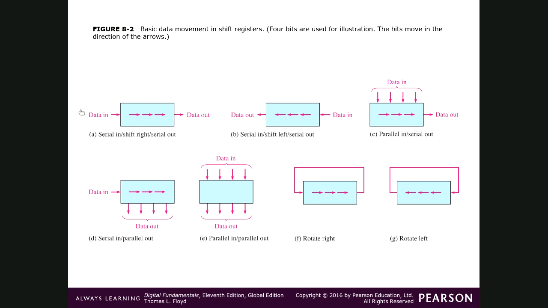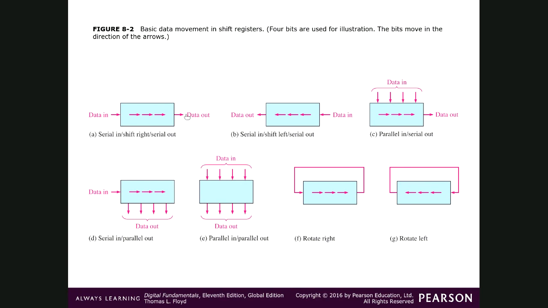These 3 students are coming 1 by 1. This is the entrance and this is the exit door, and they are leaving also 1 by 1. So this type is called serial in, serial out. Coming also 1 by 1 to the room and going out also 1 by 1. Therefore it is called serial in, serial out.